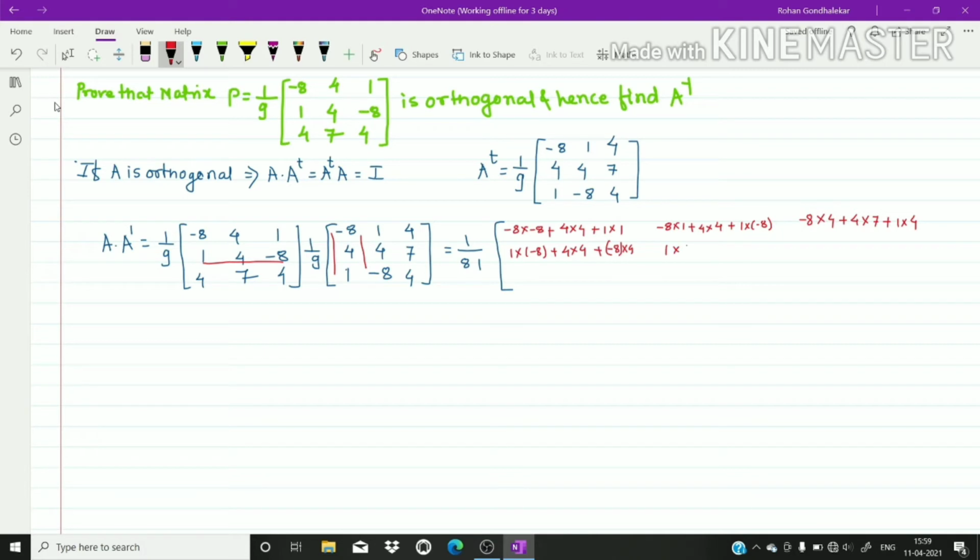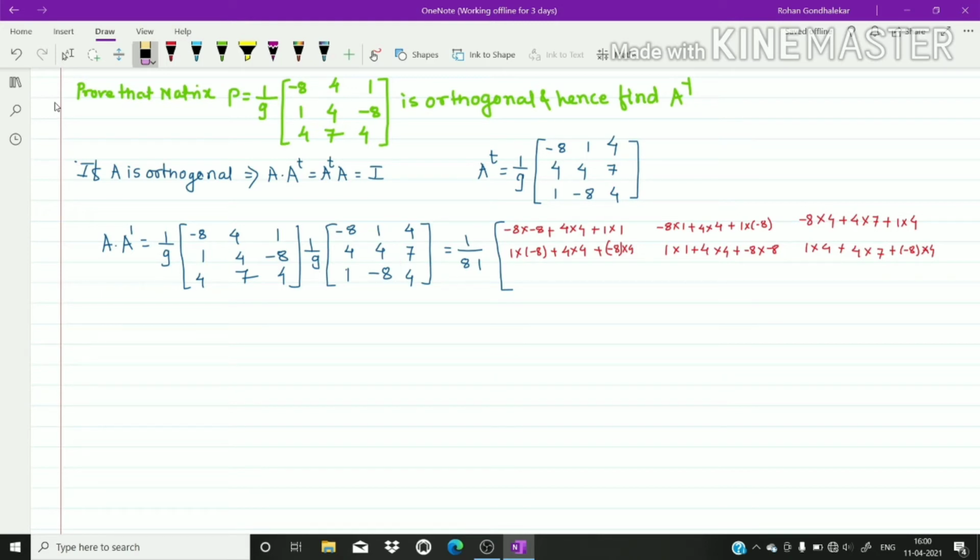That is 1 into 1 plus 4 into 4 plus minus 8 into minus 8. The next, second row and the third column. So we have 1 into 4 plus 4 into 7 plus minus 8 into 4. Good. Now third row, first column, third row, second column, third row, third column.